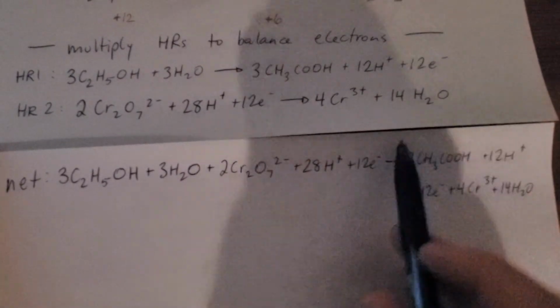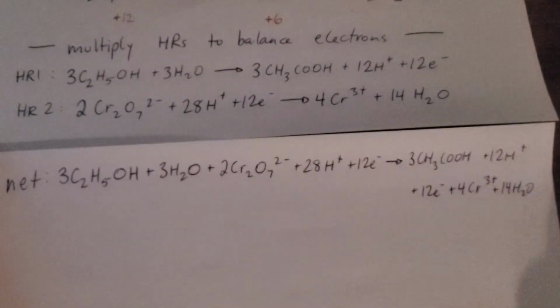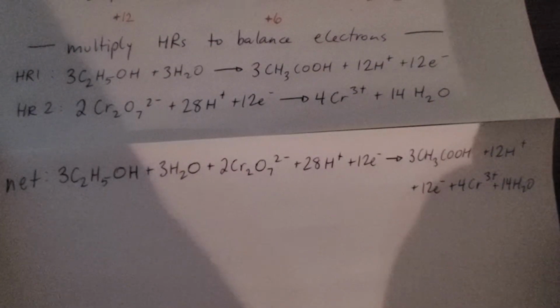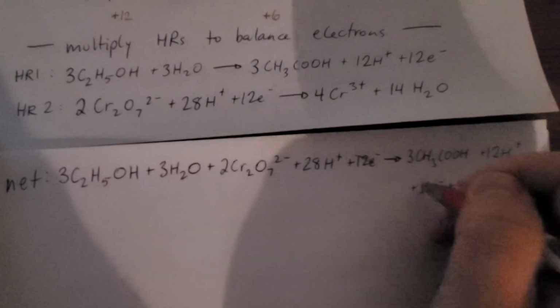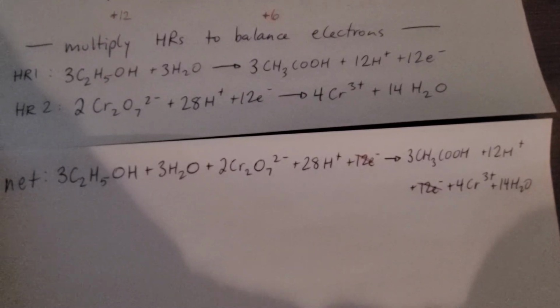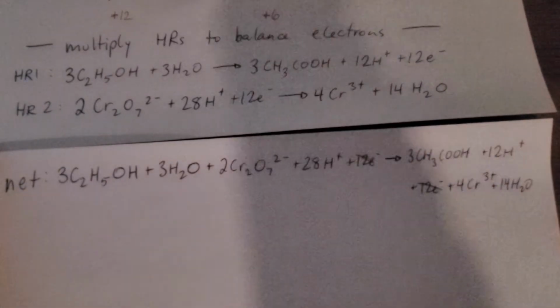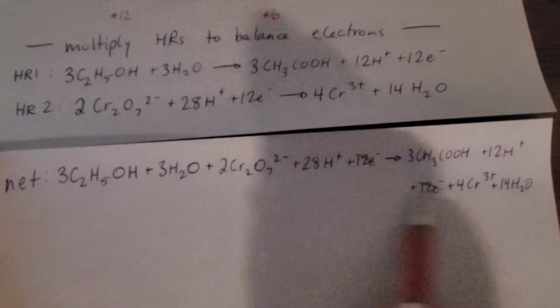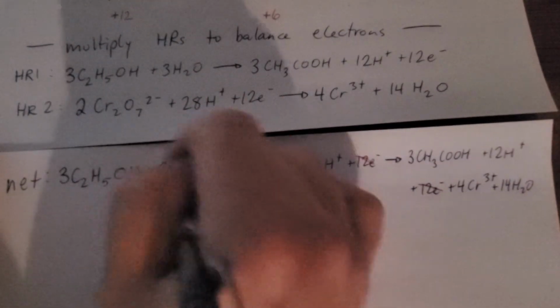All right, so I got a whole lot of products and reactants, but lots of this stuff will go by the wayside. So the electrons should always cancel out, okay, because you balance them. H pluses and waters should certainly simplify. So I got 3 waters here, I got 14 over here.